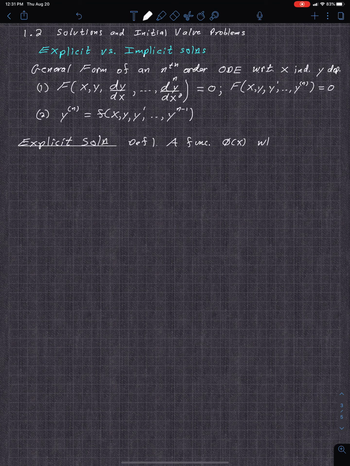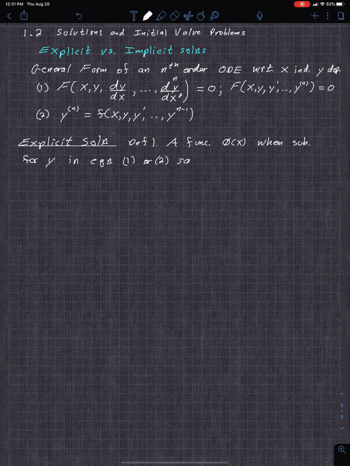When substituted for y in equation 1 or 2, so either of those above, satisfies the equation for all x. So it makes it true, basically.